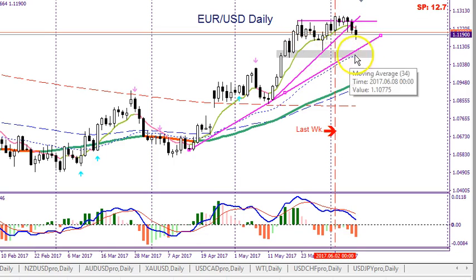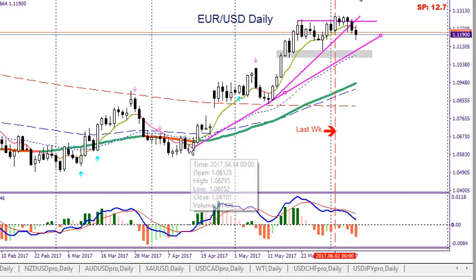And now seems to be headed to the next lower area of support, which is outlined on your charts with this gray rectangle. And you can see I put in a longer term trend line right here, starting with this big swing low way back here in the middle of April.